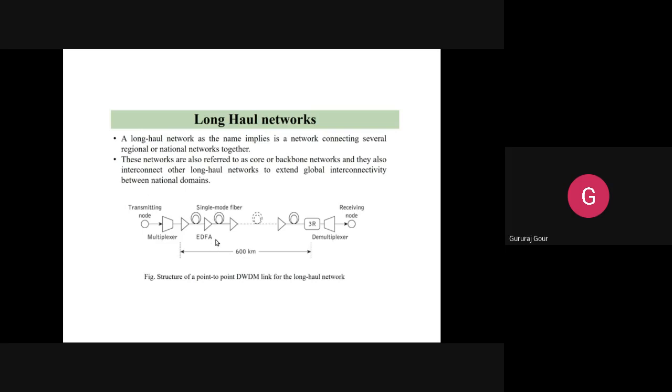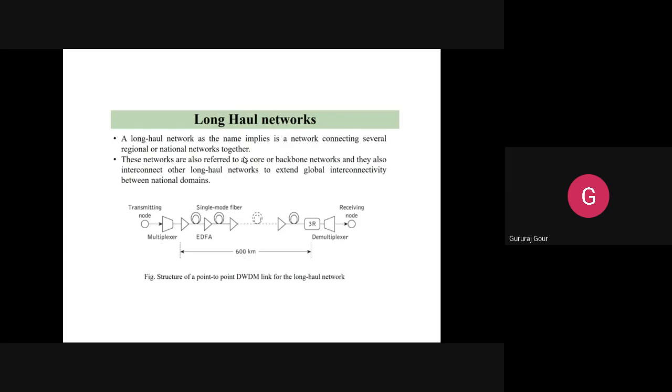Here, erbium doped fiber amplifiers are used. Each triangle indicates an EDFA, and this circular structure indicates single mode optical fiber, used along with 3R, third generation repeaters. There will be a 3R at any fixed interval, like every 50 kilometers or 20 kilometers. This is the normal structure of any long haul network, which is going to support up to 600 kilometers.